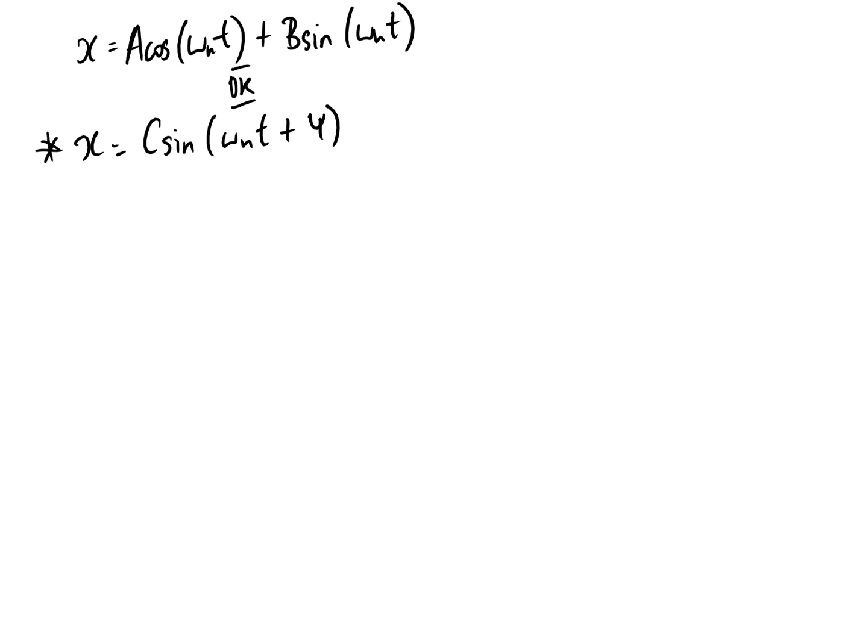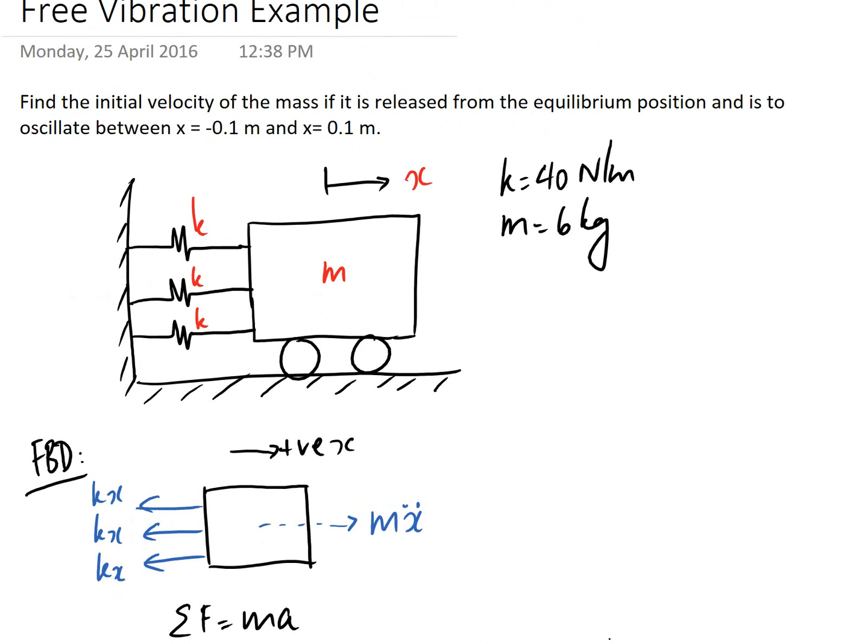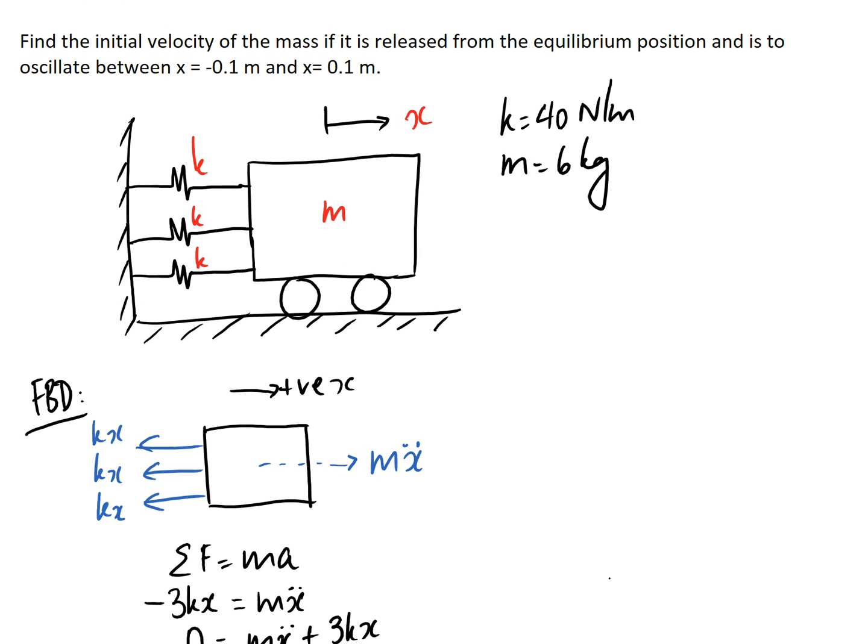So what we know is that at time equals 0, we need to work out what the initial velocity is, x dot. It also tells us up here at the top that it's being released from the equilibrium position.